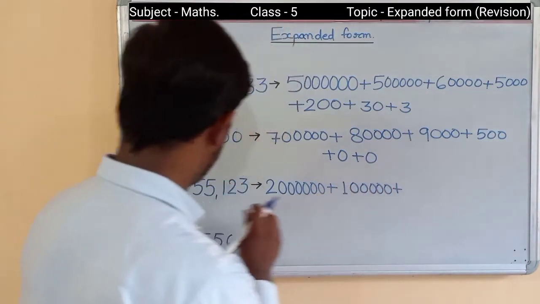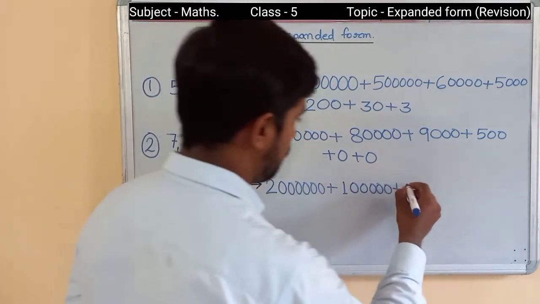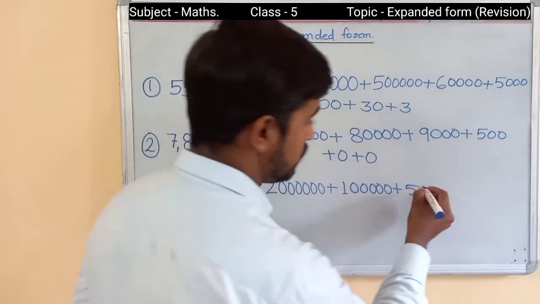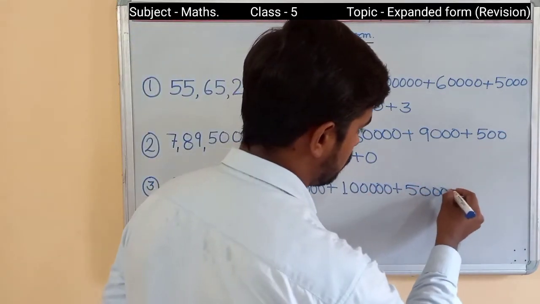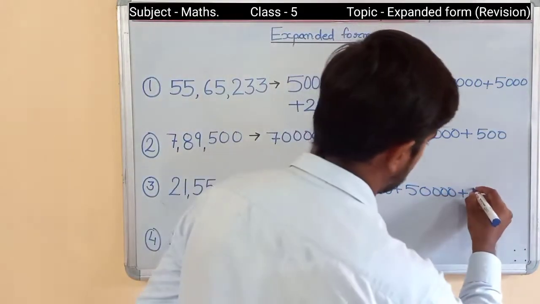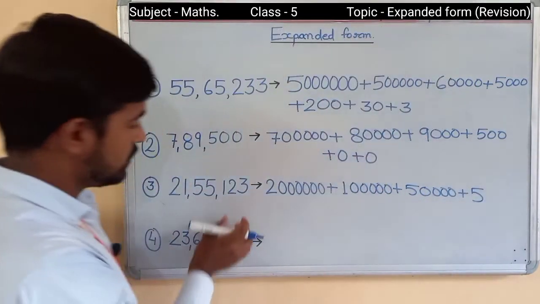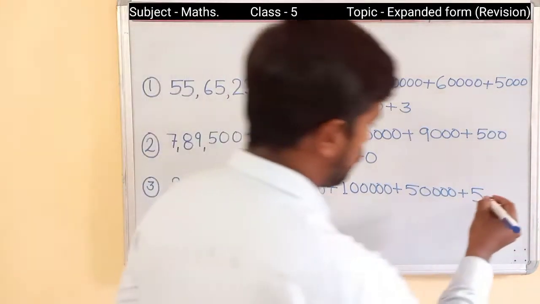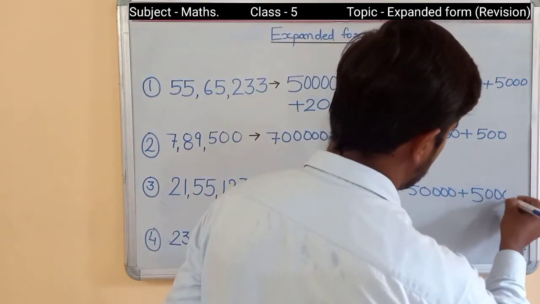Now again this 5. 4 digits, 4 zeros. This 5. Here is 3 digits just after 5. Place 3 zeros.